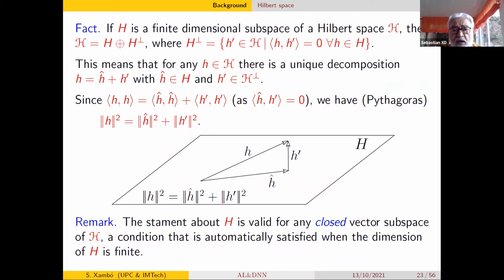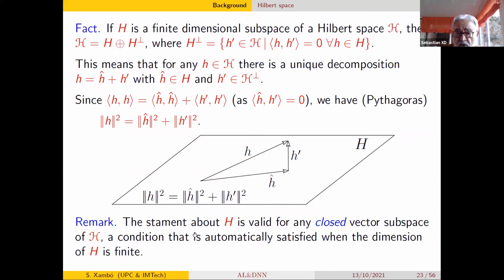There is a little lemma of Hilbert spaces that I will be using, which is the following. If H is a finite dimensional subspace of a Hilbert space, curly H, then curly H decomposes as the direct sum of H and the perpendicular of H, the perp of H, which by definition is all h prime in curly H such that the inner product of h and h prime is 0 for all h in H. This is the current definition.